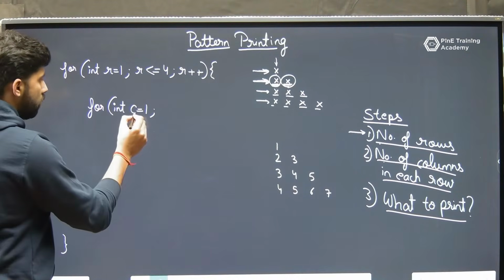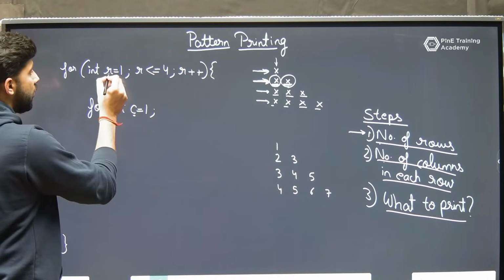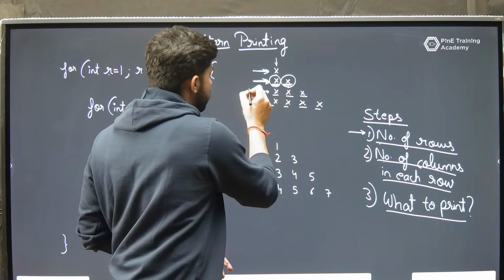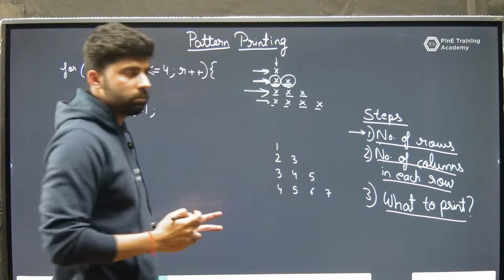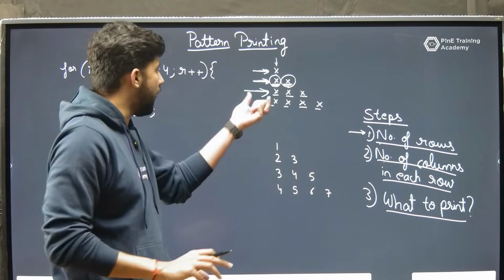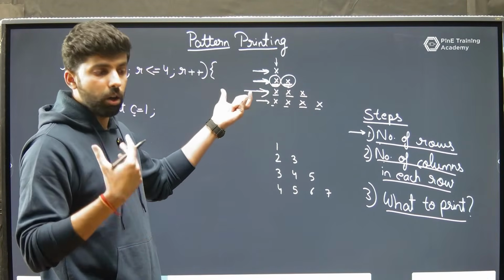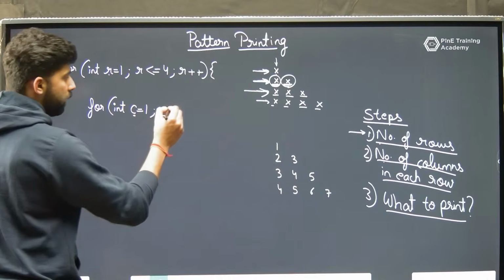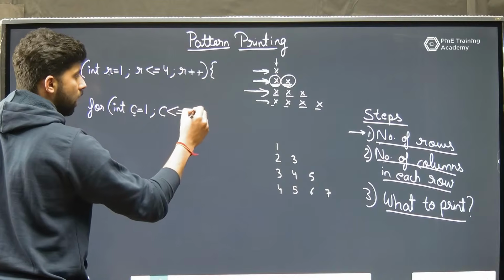That means my column's maximum limit will always be less than or equal to r. If we have the third row, I can have 1 column, I can have 2 columns, and I can have maximum 3 columns because I have third row. That means the maximum limit is defined by row. Okay, so C should be either less than or equal to R.